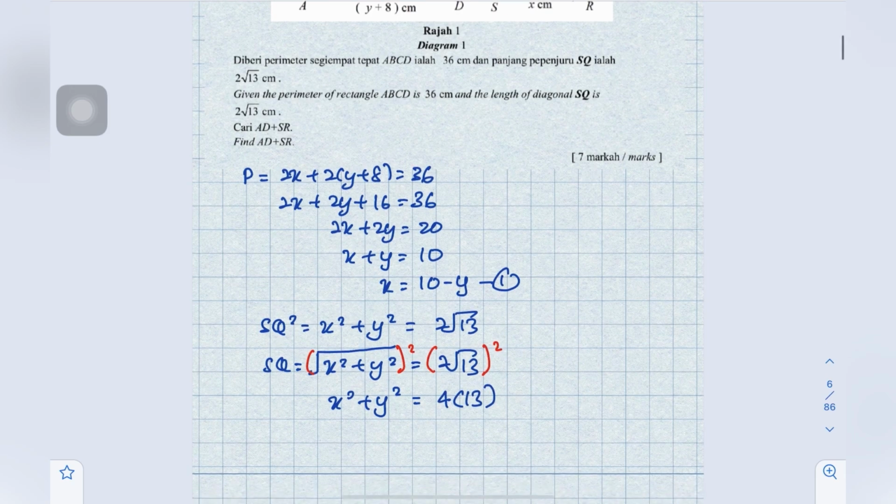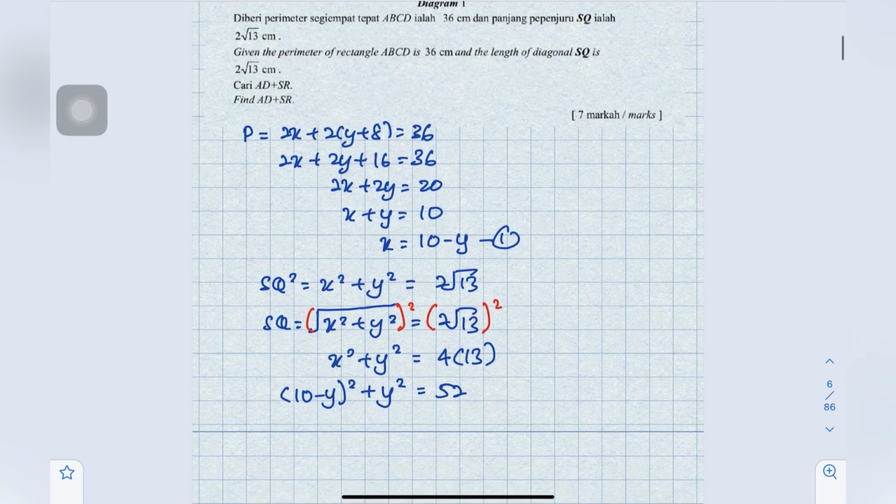Okay, so then we can substitute x equals to 10 minus y. So (10 minus y) squared plus y squared equals to 169. Okay, so then we expand.